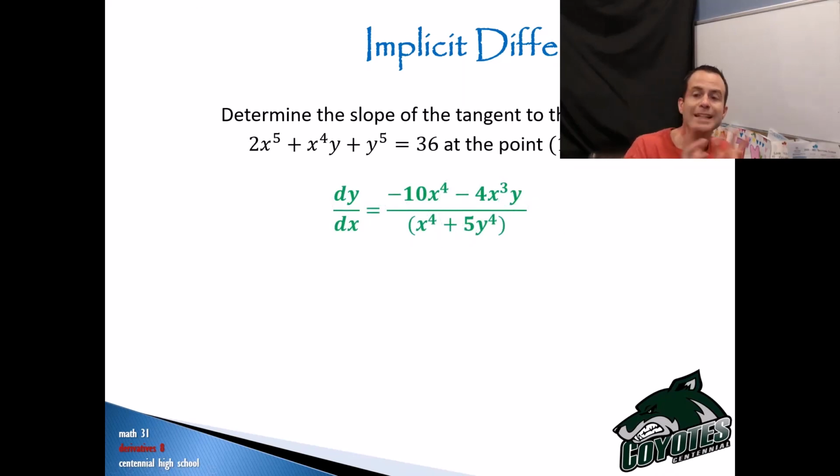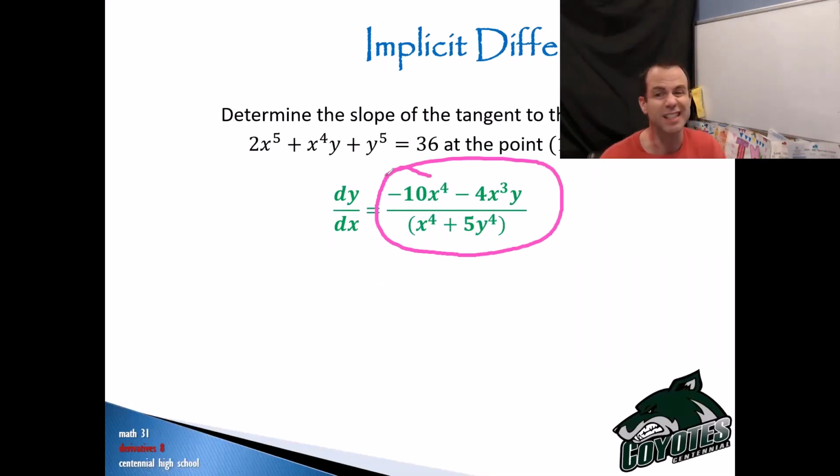Now I have been told I want to know the slope. I want you to think about this for a sec, because this is what the derivative does. This equation represents the slope of every tangent line I can form at any given point along my circle or my ellipse or my hyperbola, whatever it is. So for this, I'm now going to plug 1 in for x, 2 in for y, and actually get the physical slope at that point.